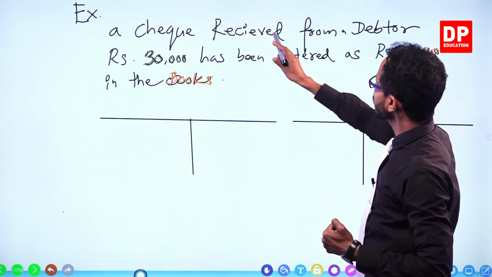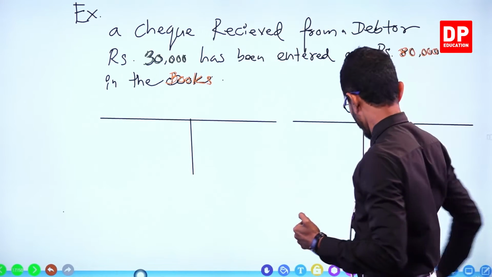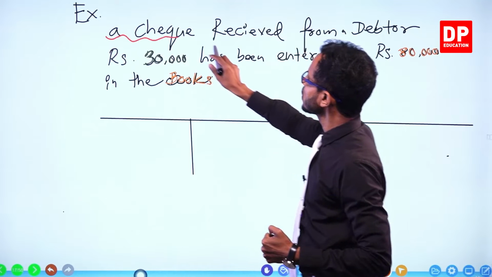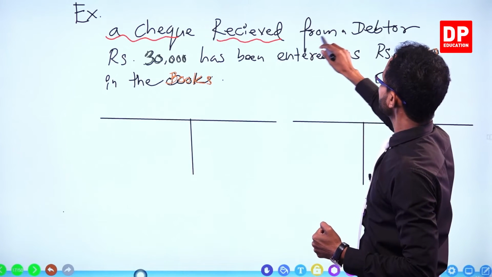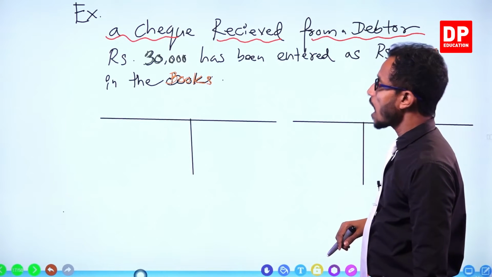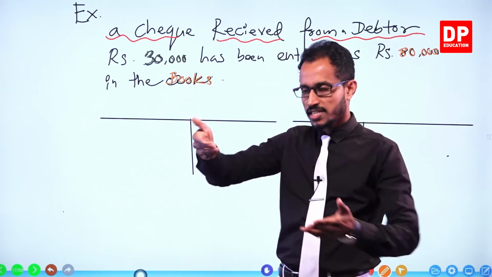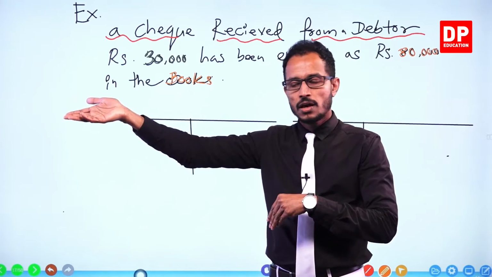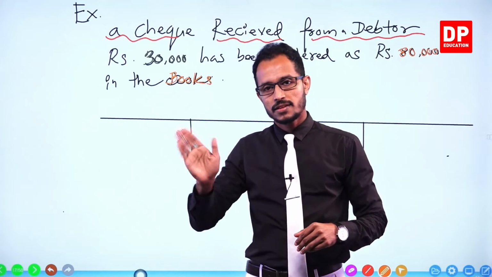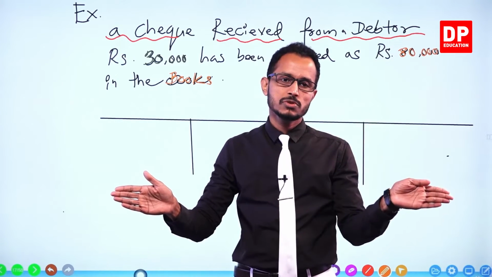A check of 30,000 received from a debtor. We get a check, so the check is sent to the bank and the bank balance increases. So asset increases. Debit, bank debit. Debtor asset decreases, so debtor credit.